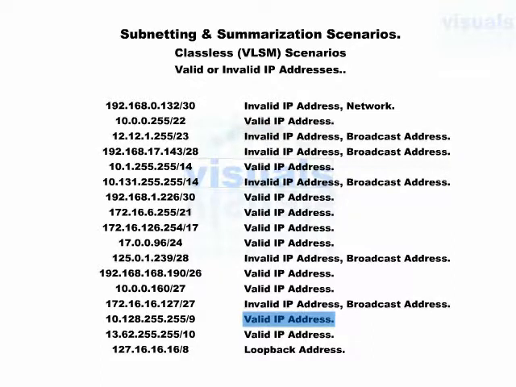Yes, I think it is right. And 10.255.255.255, I think it is the broadcast address. What remains after this? Let's move further.